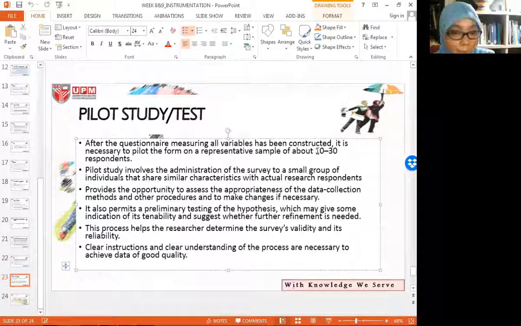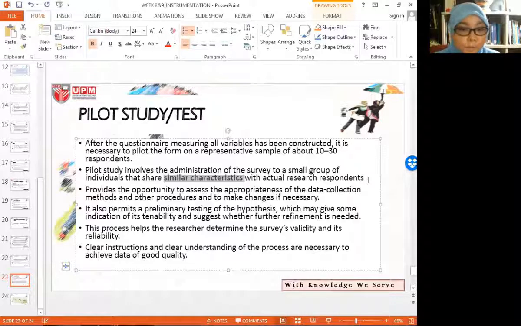They are different people, but make sure they share similar characteristics. A pilot study involves administering the survey to a small group of individuals that share similar characteristics with the actual research respondents.